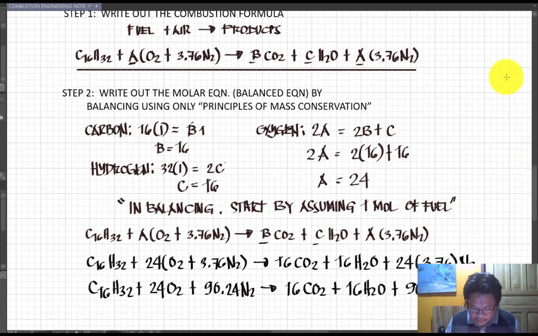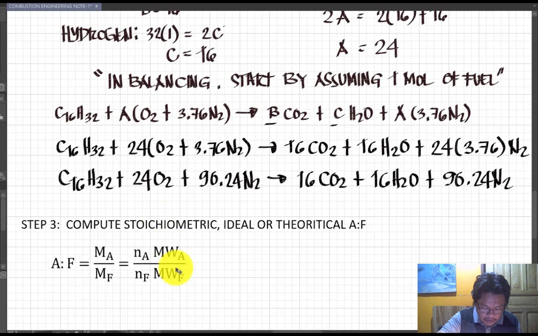Now for step 3, we're going to compute the stoichiometric, ideal or theoretical, air-fuel ratio. So I'm gonna write here S for stoichiometric, so later on we don't have a confusion on this one.